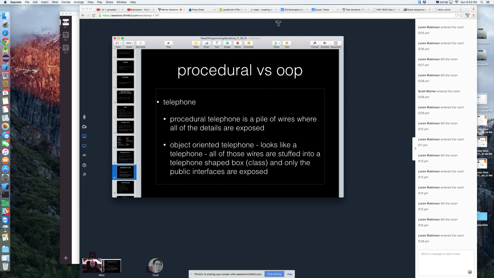So the punchline is that what we need out of our real-life objects is we need them to function, and we understand there's complexities inside them that had to be put into place to make them function. Somebody built the telephone. Just like in our computer programming world, the programmers are going to have to write those complexities. But what we can do then is shove those complexities inside of that telephone-shaped box, or whatever object we're creating.